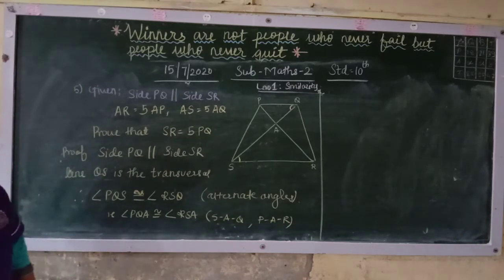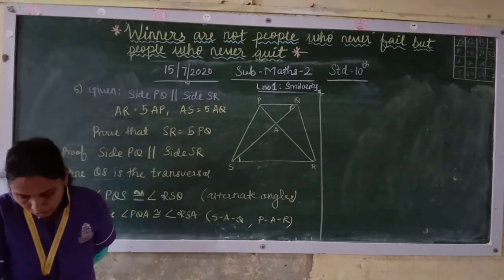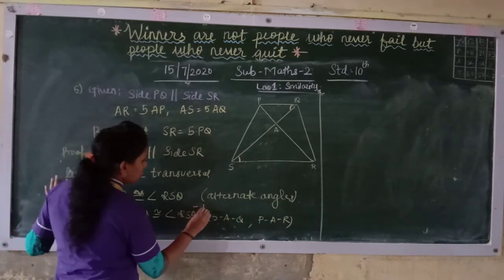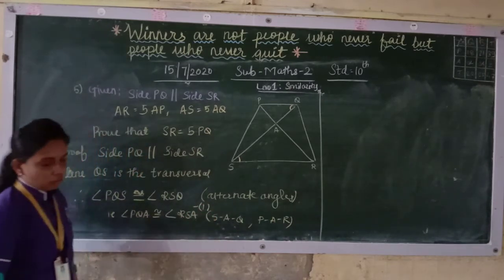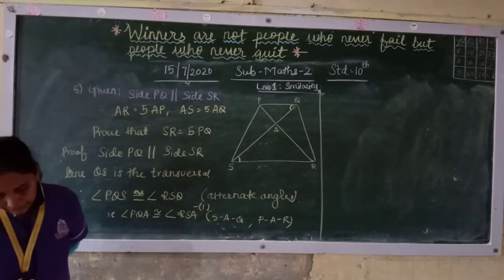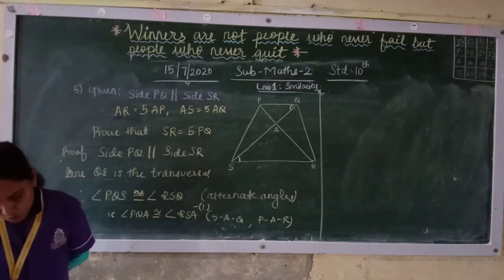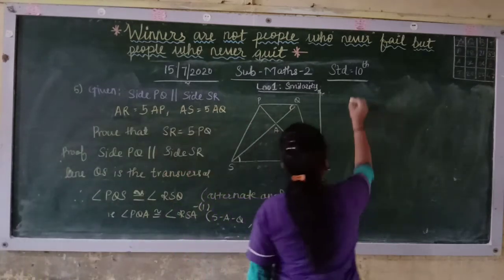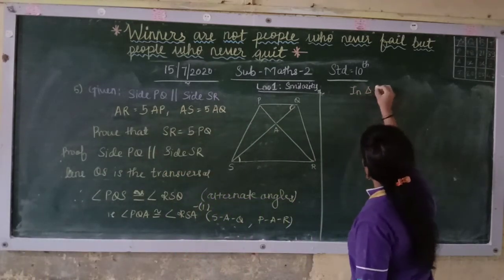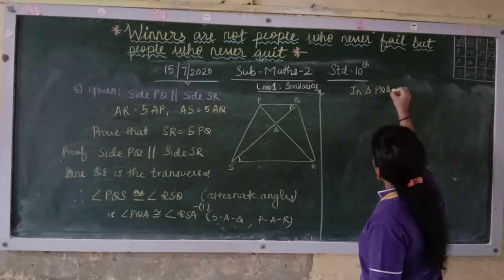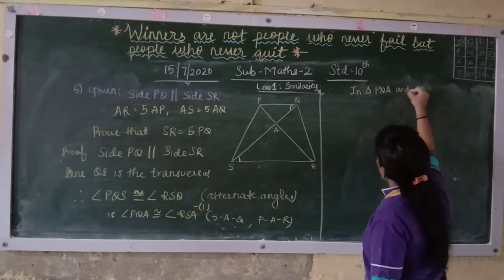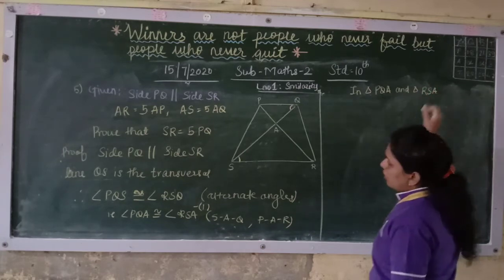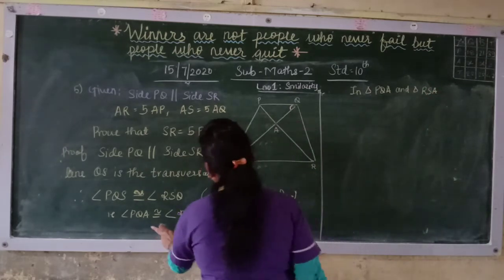Now further, you've got this one angle as congruent. Now we'll take the two triangles, PQA and RSA. So in triangle PQA and triangle RSA, this one angle you have got congruent from 1.